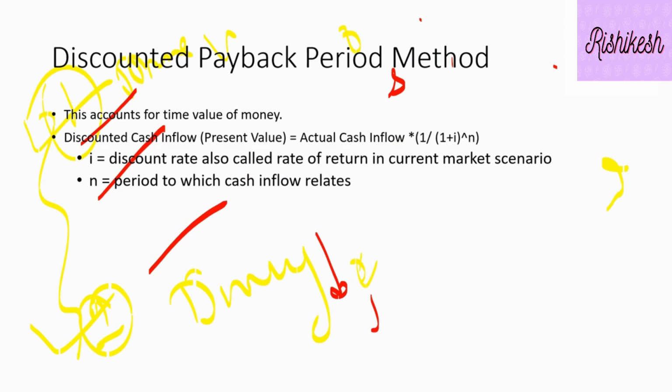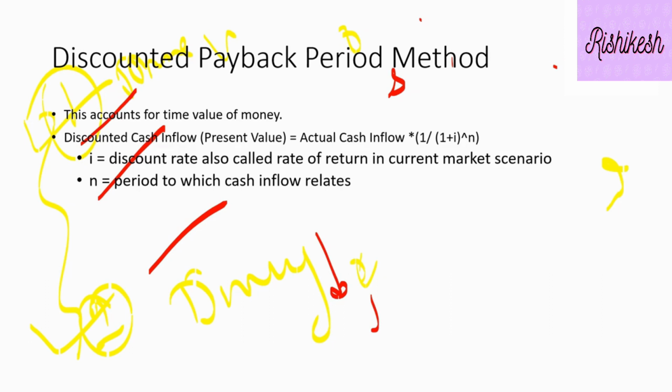Why? Because the value of money changes over time. You want all the values converted to the present time, and for that, you use a discounting factor.